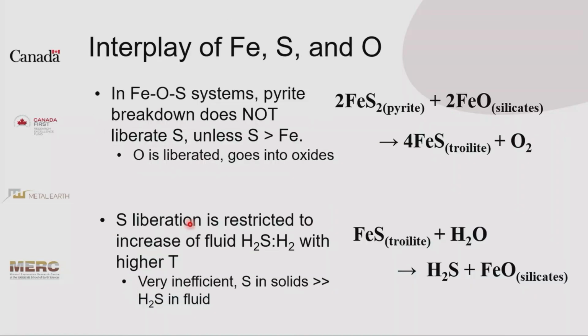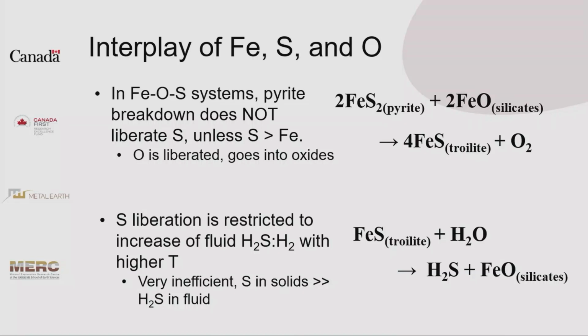As I mentioned earlier, one of the interesting things about doing this modeling is that we typically think of the pyrite to pyrrhotite transition as a desulfidization reaction. But in reality, when you have rocks that have a lot of iron in them and very little sulfur, the sulfur is not going to go into the fluid, because sulfur is a siderophile element, so it wants to go into these iron silicates.